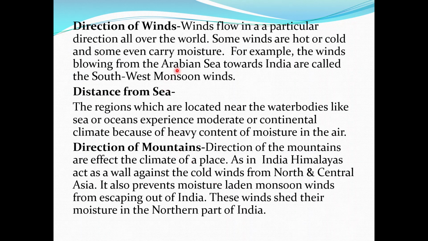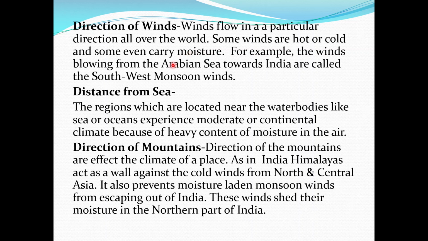Next is the direction of winds. The direction of winds also affects the climate of a place. When the winds are blowing from the Arabian Sea towards the northern part of India, if there are no mountains, then we do not get rainfall in the northern part, because of the direction of the winds.